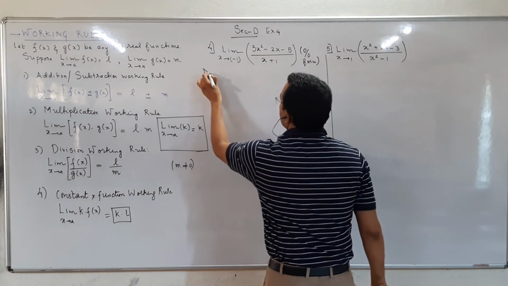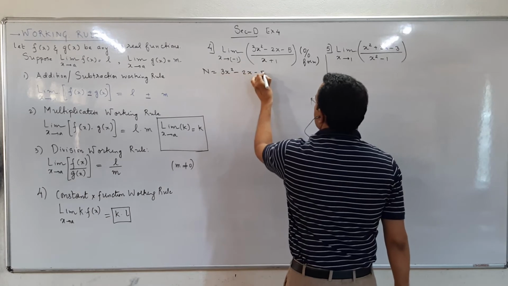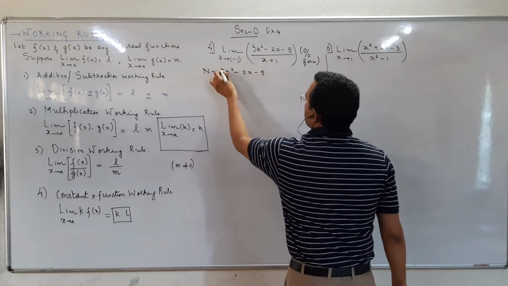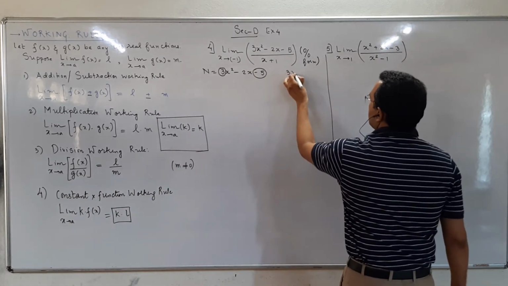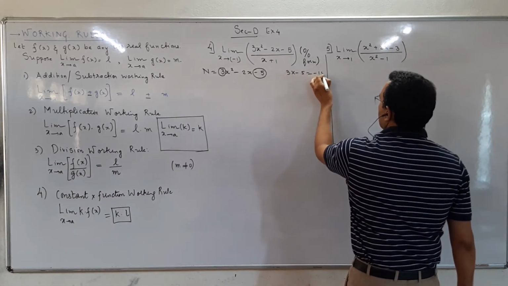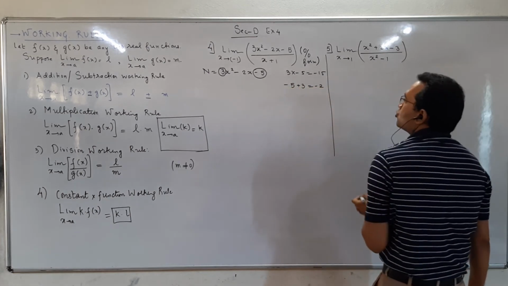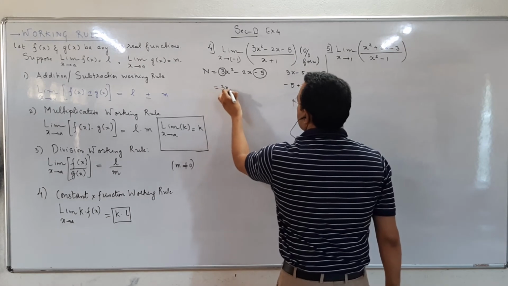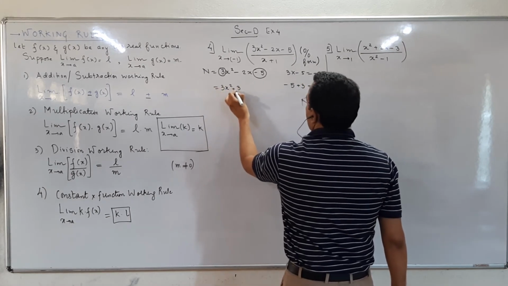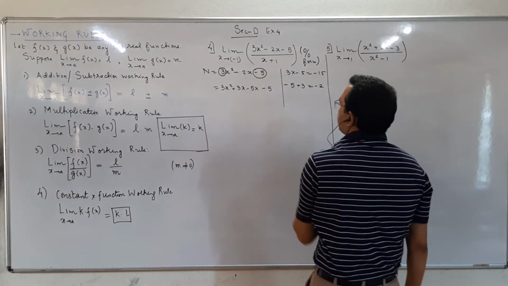Factorize numerator, which is 3x square minus 2x minus 5. 3 into minus 5 is minus 15 and minus 5 plus 3 is minus 2. We want minus 2x only. So we write this as 3x square plus 3x minus 5x minus 5.